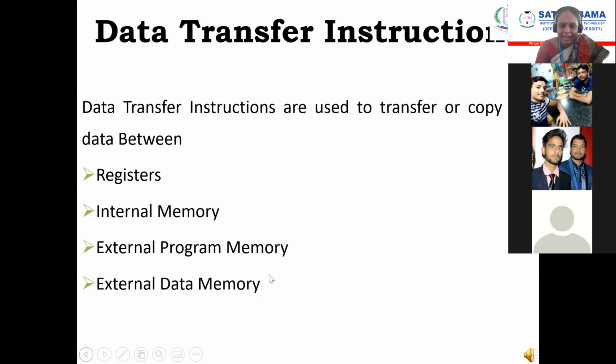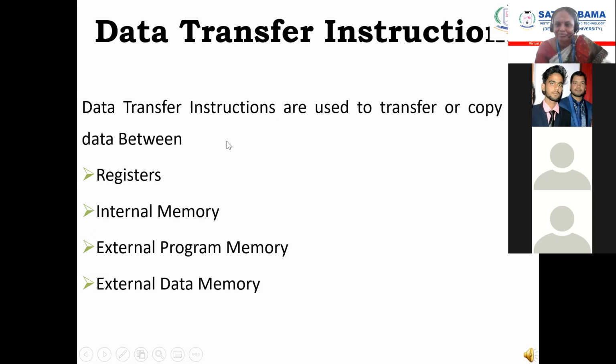What is internal memory capacity? Aarti, what is internal memory capacity? Shanmuga, tell. What is internal memory capacity? 256 bytes, ma'am. 256 bytes.